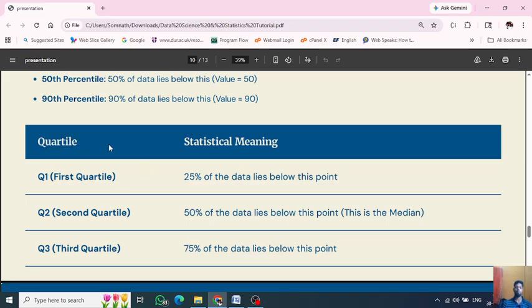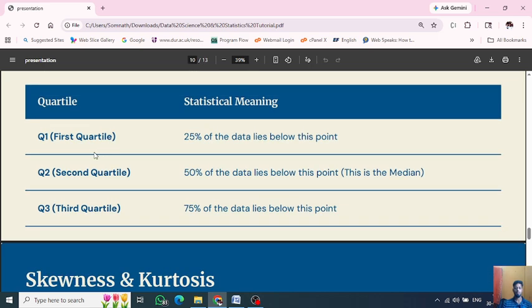Quartile means splitting data into 4 parts. In the first quarter, 25% of the data lies. In the second quarter, 50% of the data lies at that point. The median is the actual number here. For quarter 2, the median means the middle value.